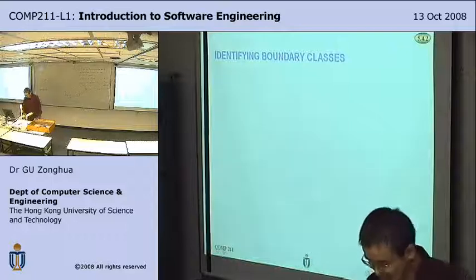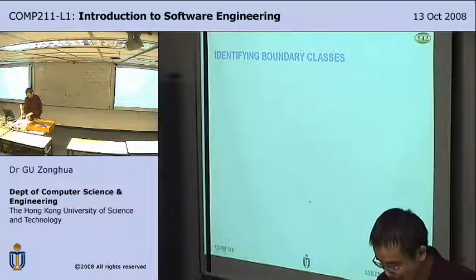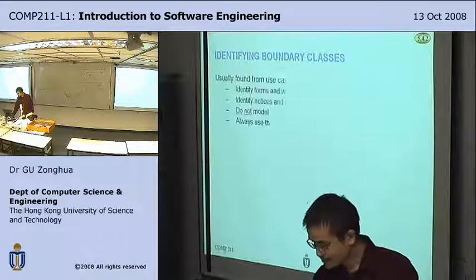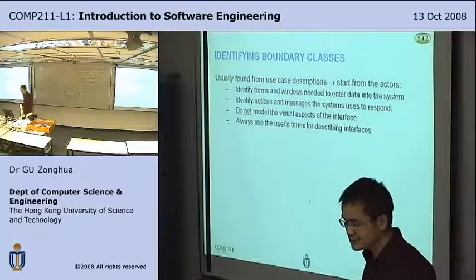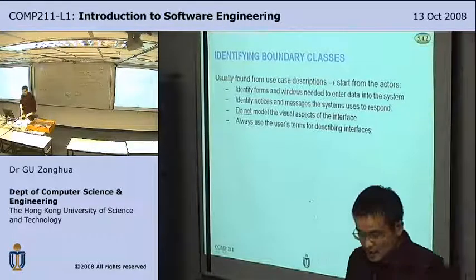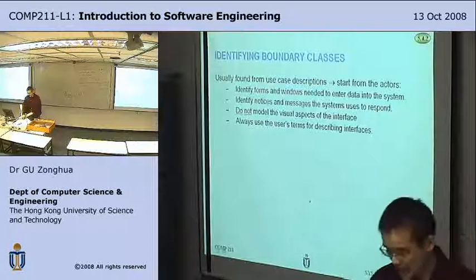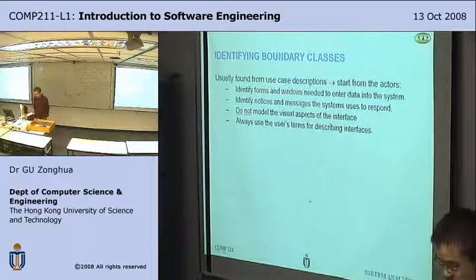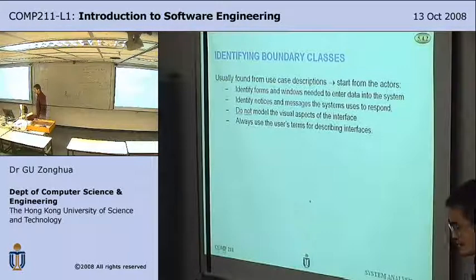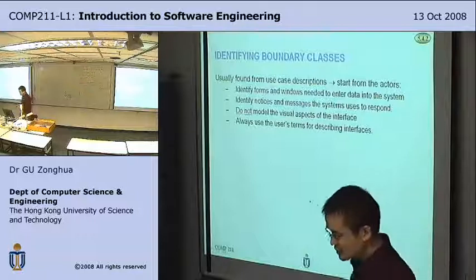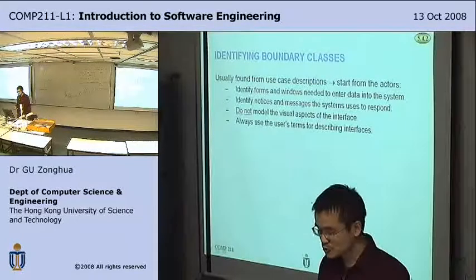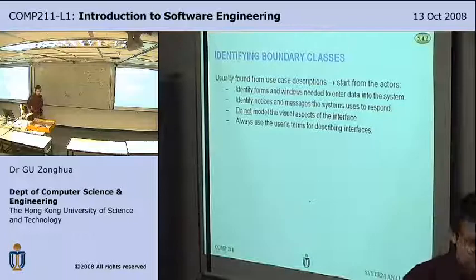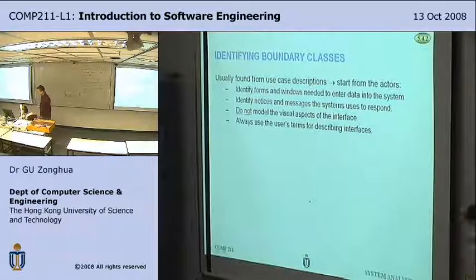So how do you identify boundary classes? You start from actors in the use case descriptions. Identify forms and windows needed to enter data, that is input into the system, and notices and messages the system uses to respond, that is output from the system.